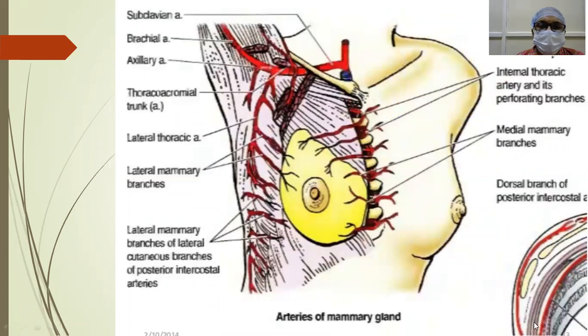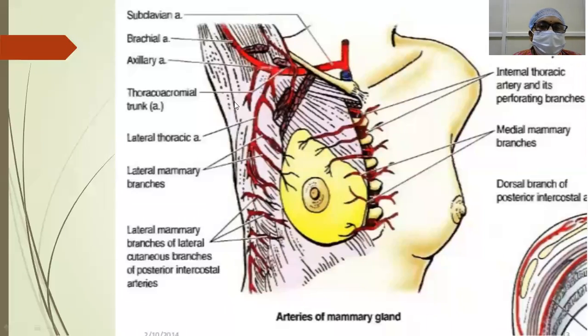So look at the arterial supply. As I told you, the internal thoracic artery and its perforating branches, the medial mammary branches. These are the lateral mammary branches of the posterior intercostal arteries.